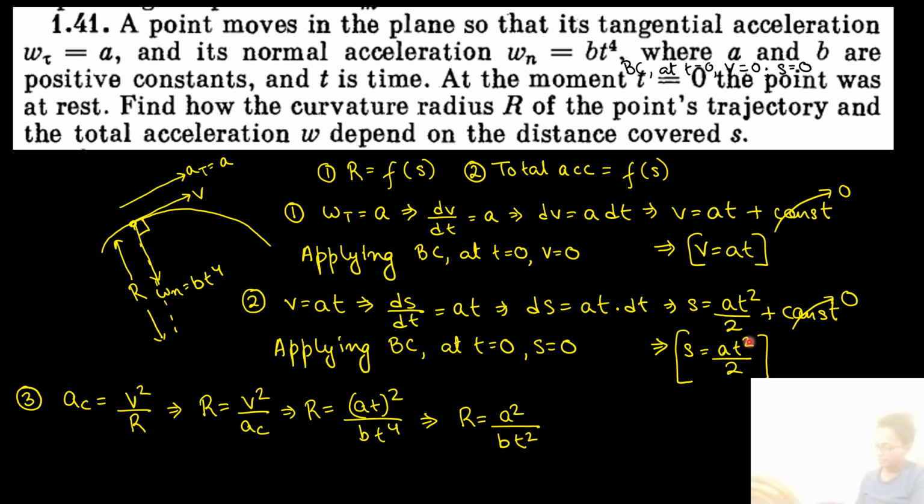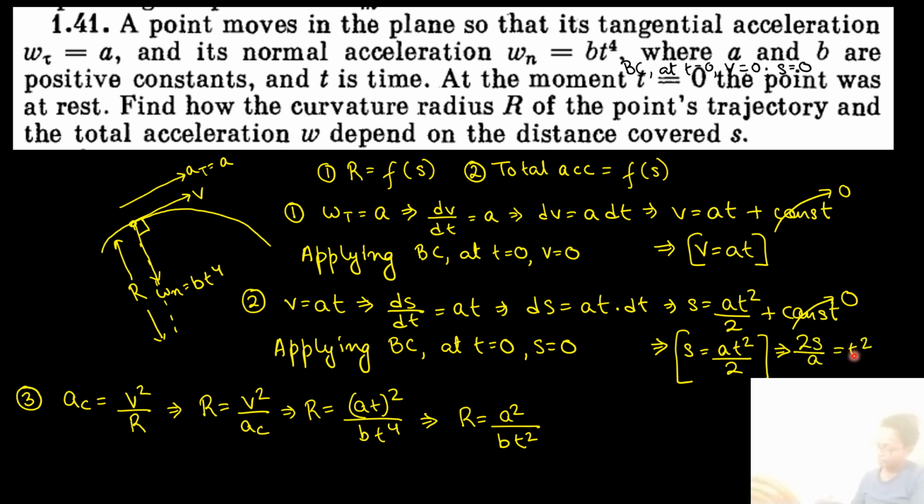How do I replace it? Using this equation, I got the equation of distance, or 2s by a equals t square.